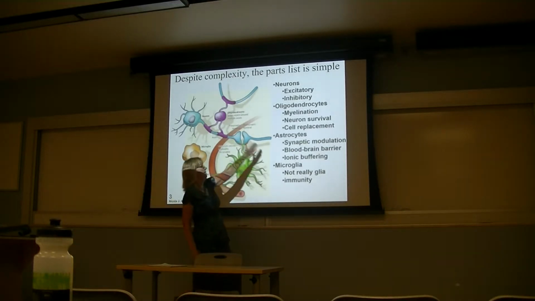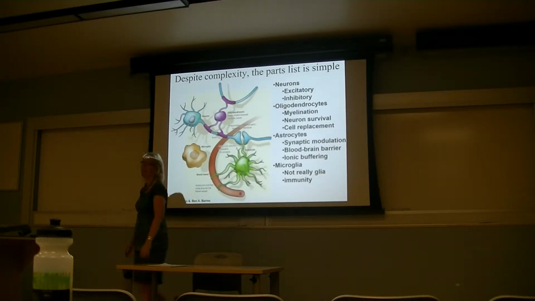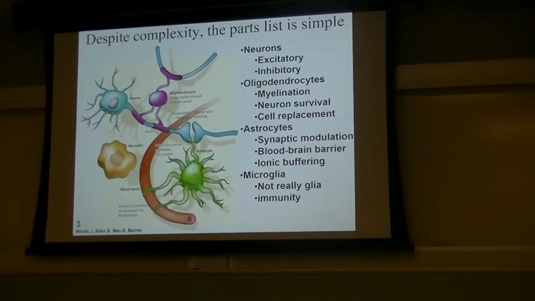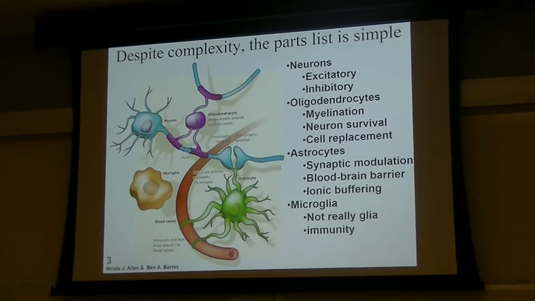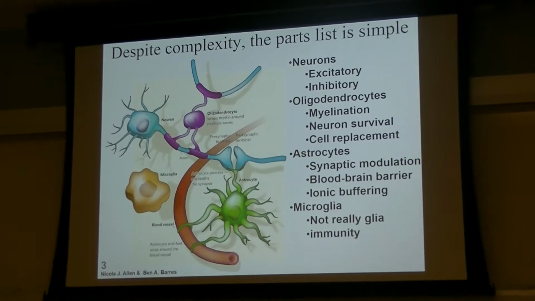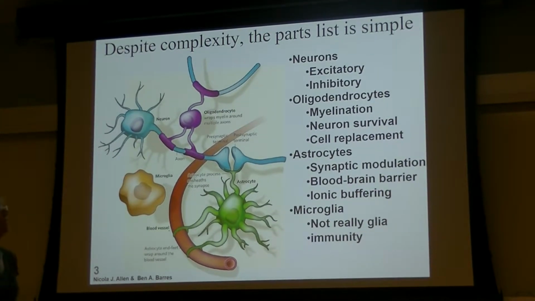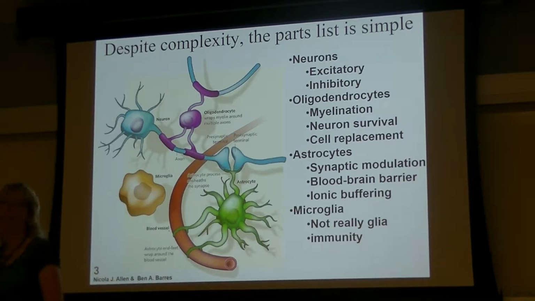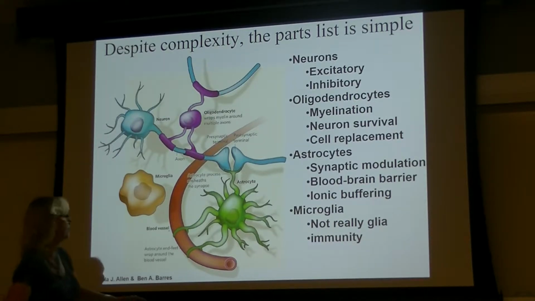Then we have a few different types of cells that function as glial cells, and we think these mainly have some sort of protective and homeostatic functions within the organism. So oligodendrocytes, for example, are involved in myelination, which involves the oligodendrocyte wrapping around a neuron.